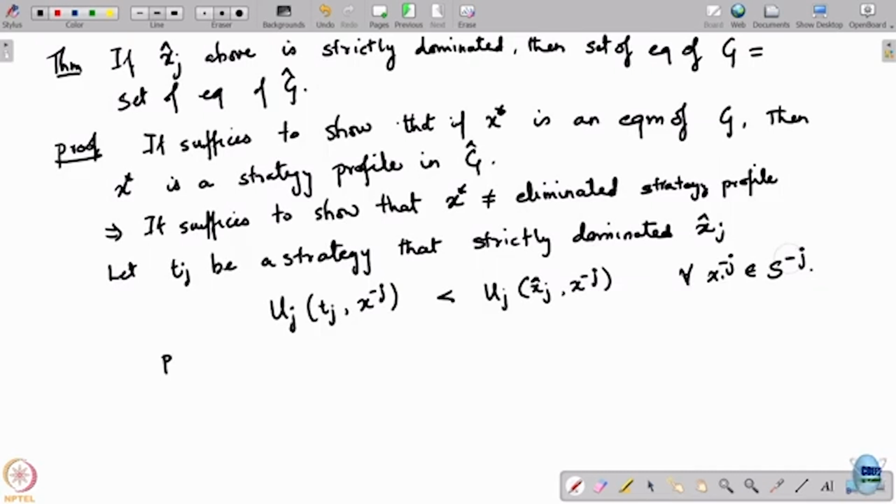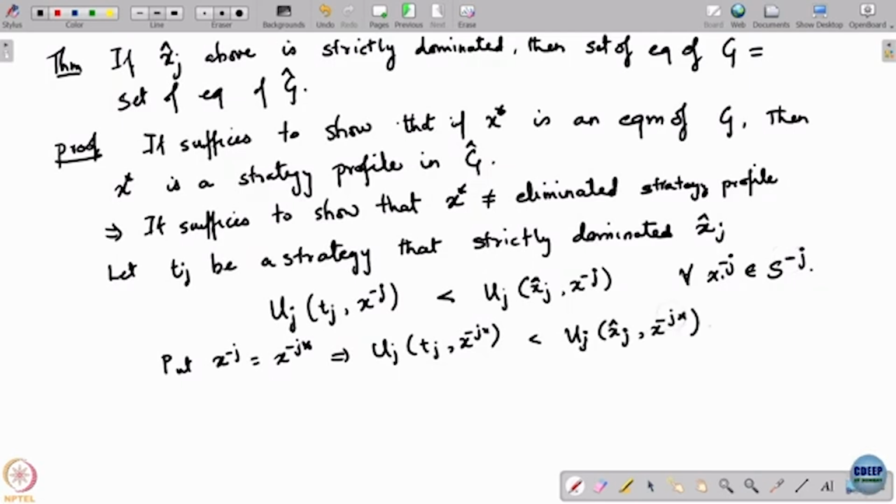So, put x minus j as x minus j star, then that gives you that uj of tj comma x minus j star is strictly less than uj of x hat j comma x minus j star. Alright.